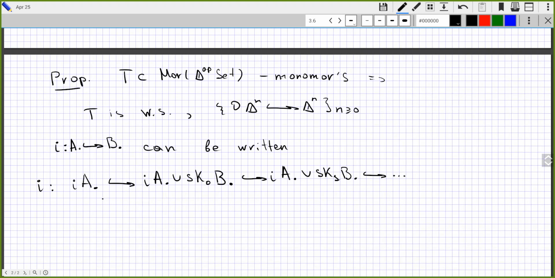Maybe I should say colimit. And denote it like that.